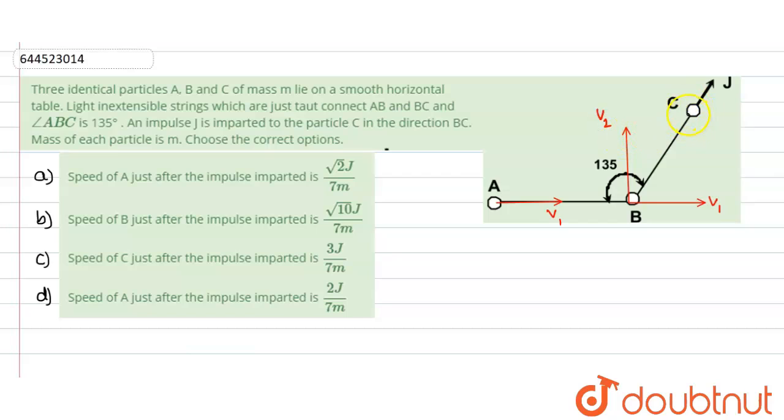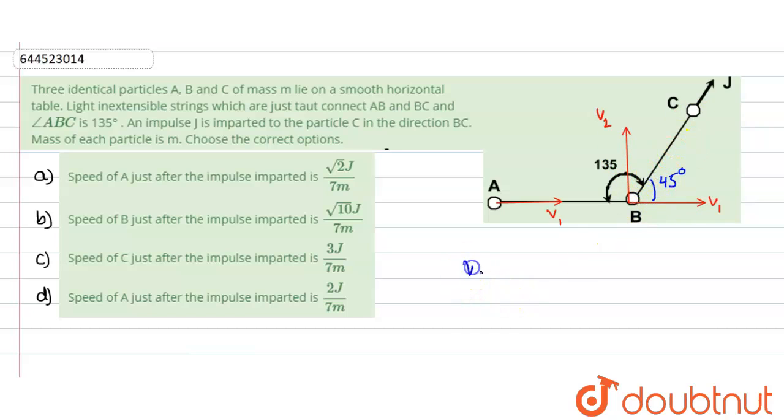Now the net velocity of C would be the resultant of the velocity of B. This whole angle would be 180 degrees, so this is 135, and this would be 45. The final velocity of B, in this direction, should be equal to the velocity of C in this direction. Now what would be the velocity of C? We can take the component of V1 cos 45 and also V2 cos 45, in the direction of BC.